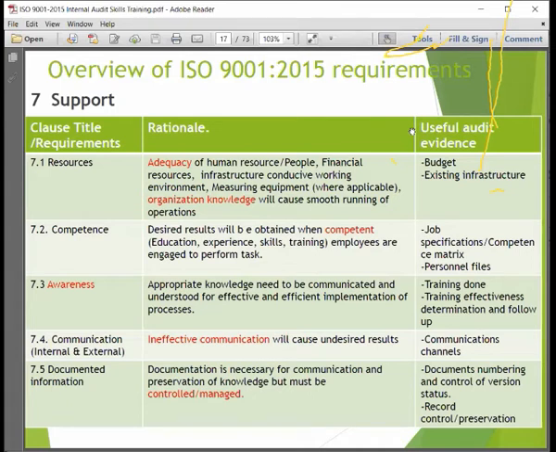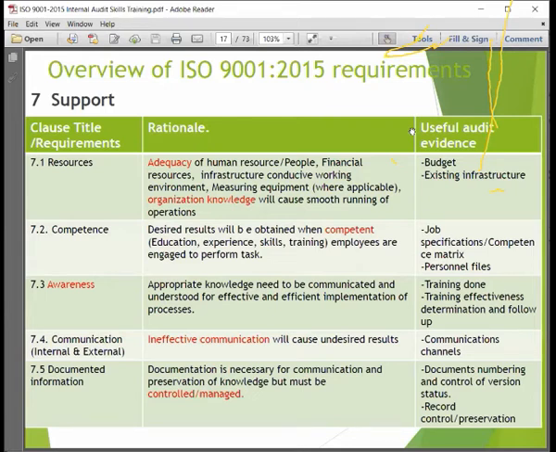Like, for instance, maybe in a few weeks' time, all the documents that we have come up with, the quality manual, SOP for every process, will be shared. Maybe Dennis will come up with a shared folder.